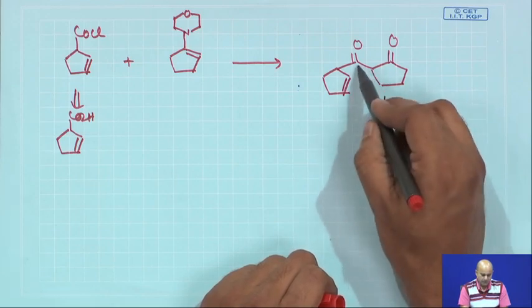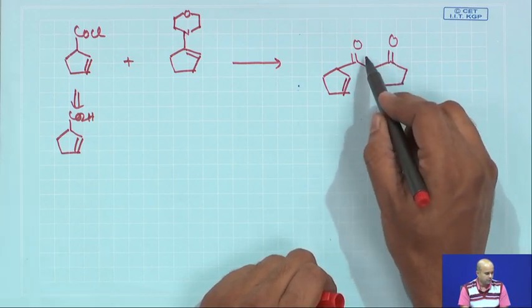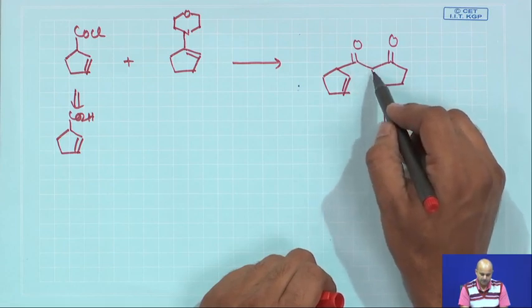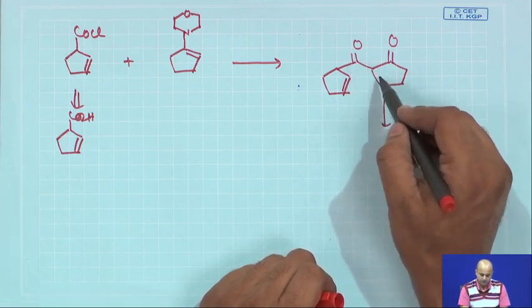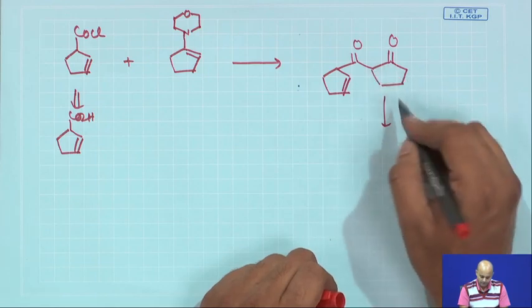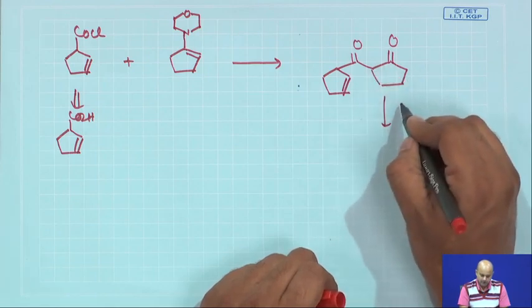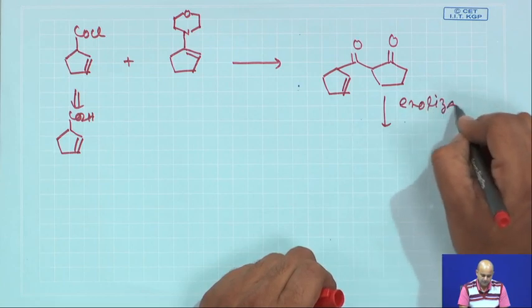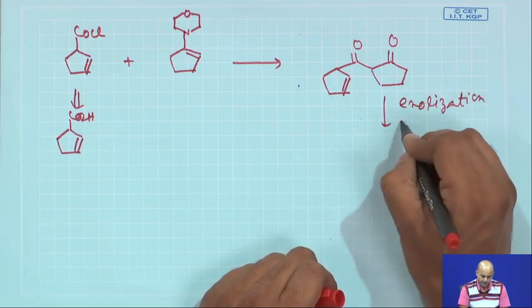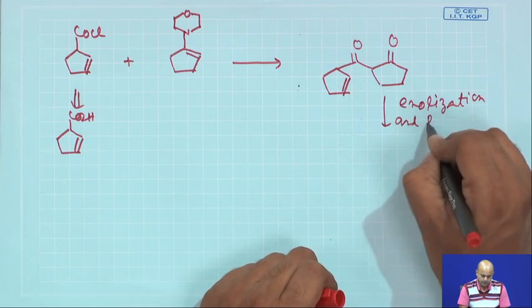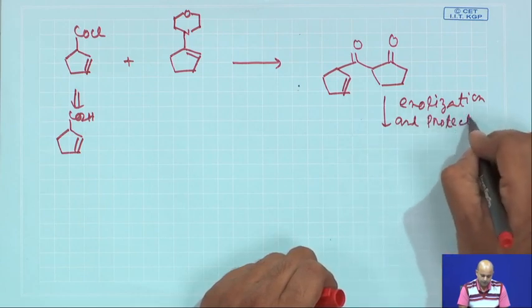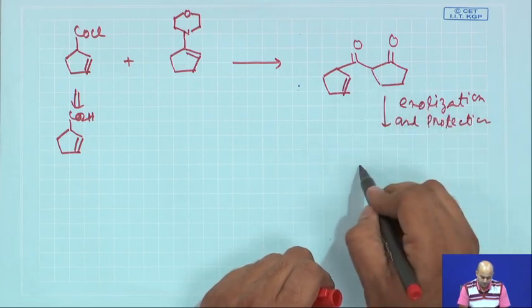Now, see this compound is basically a 1,3 diketone, is it not. So, this 1,3 diketone you can now simply do an enolization and protect with a suitable protecting group. So, then what we will get?